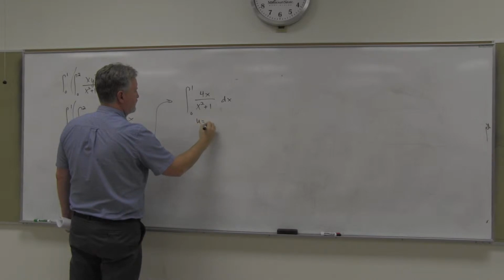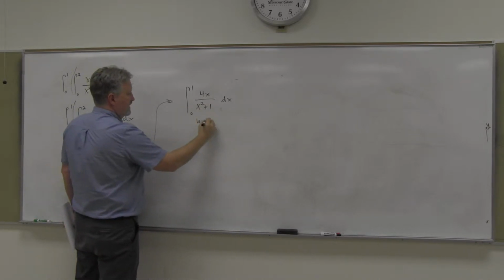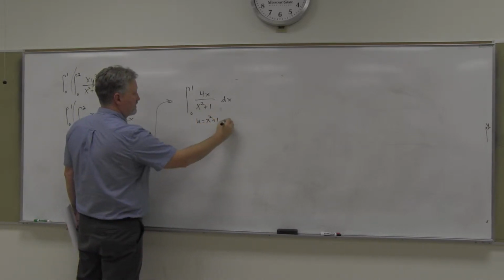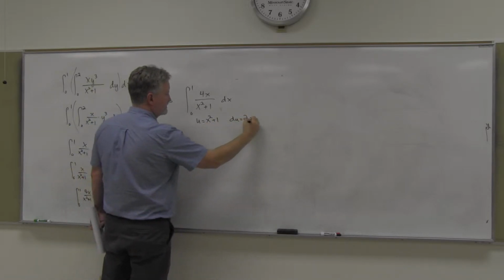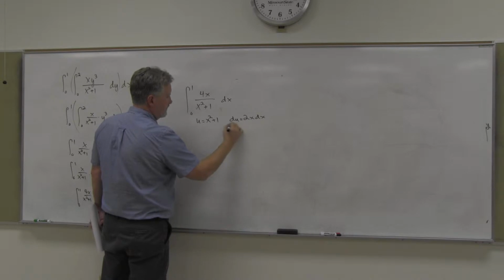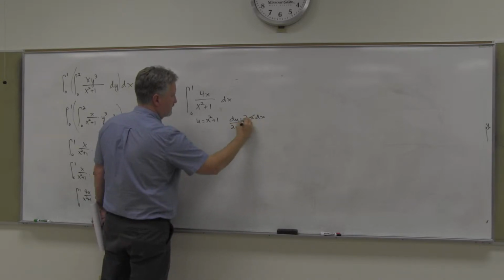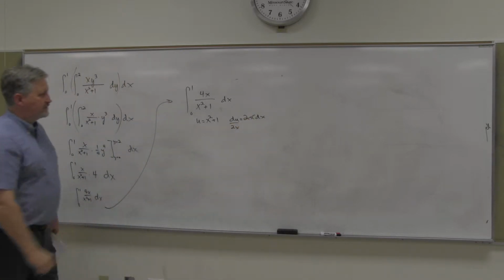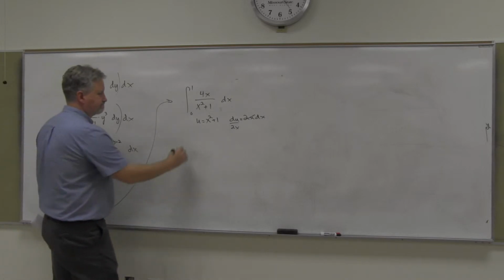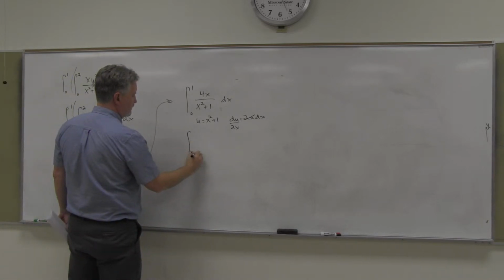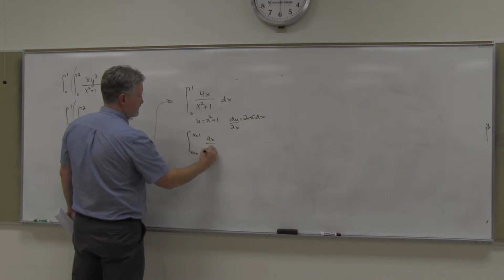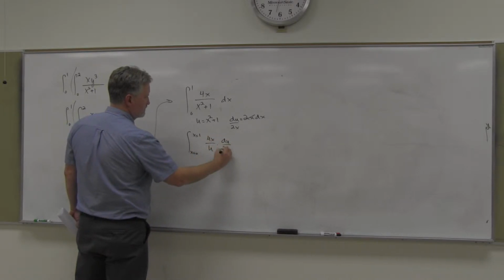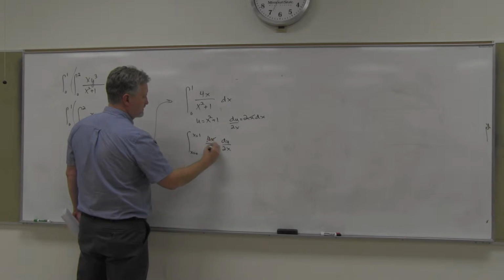All right, so let's let u be x squared plus 1. So the derivative of that will be du equals 2x dx. The way we usually did it, we get the dx. That's going to work out pretty nicely, because you've got 4x over u, and then substitute du over 2x for dx. That's going to cancel the x.